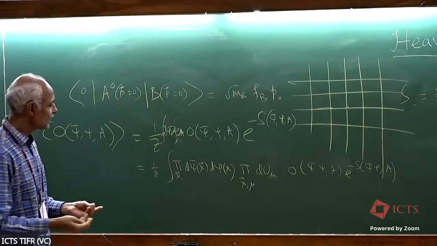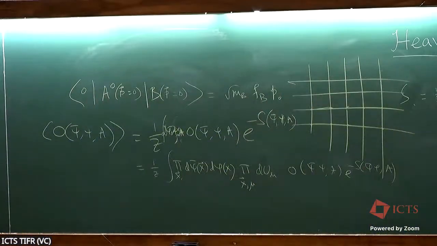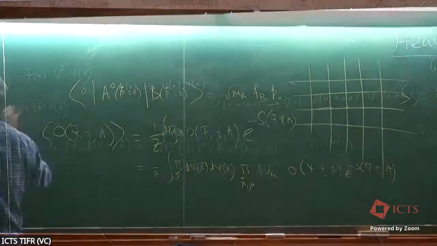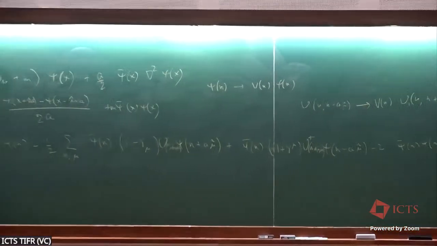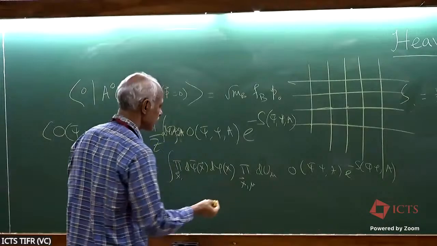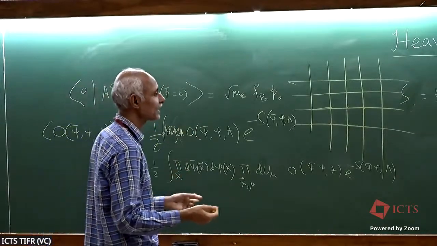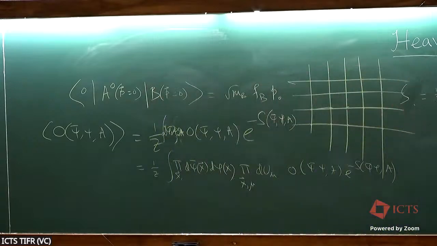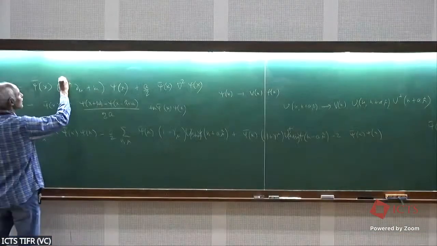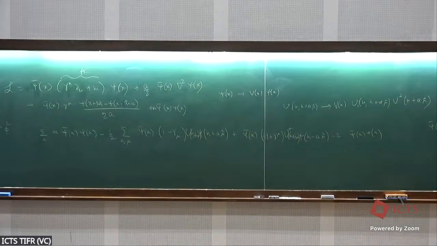So what one does is, these psi bars and psis appear only as quadratic pieces, and you know how one can integrate them out. Whenever there is something in a quadratic piece, you can integrate that out, and that just gives an inverse of this quadratic term. So if I call this A, and integrate out psi bar psi.